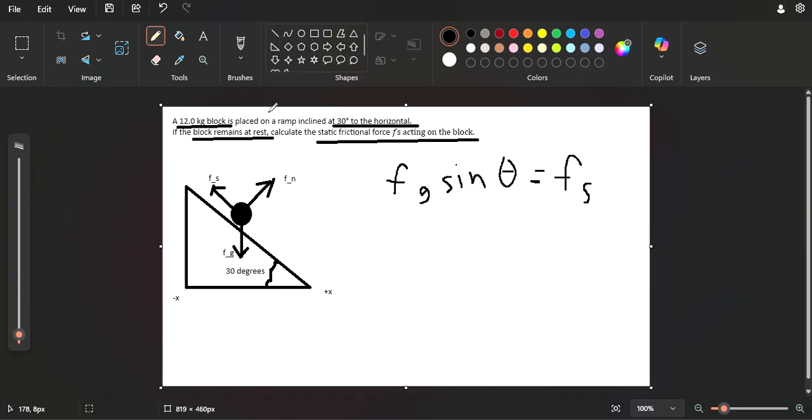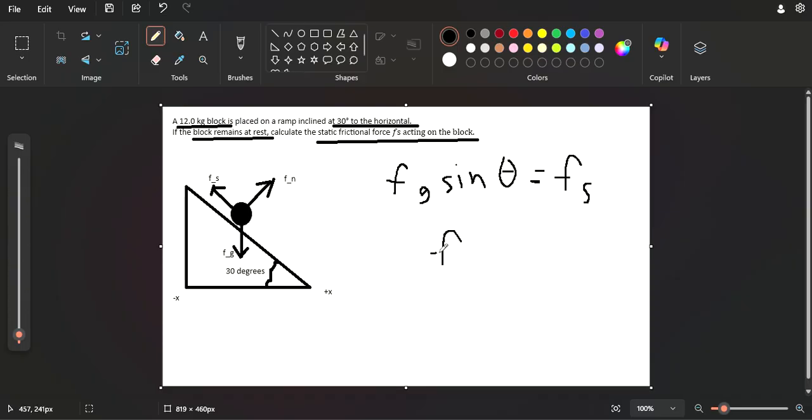So now we know that theta is 30 degrees, as shown here. We know that theta equals 30. So we now have to solve for F of G using an equation. The equation which we will use to solve for F of G is force equals mass times acceleration.